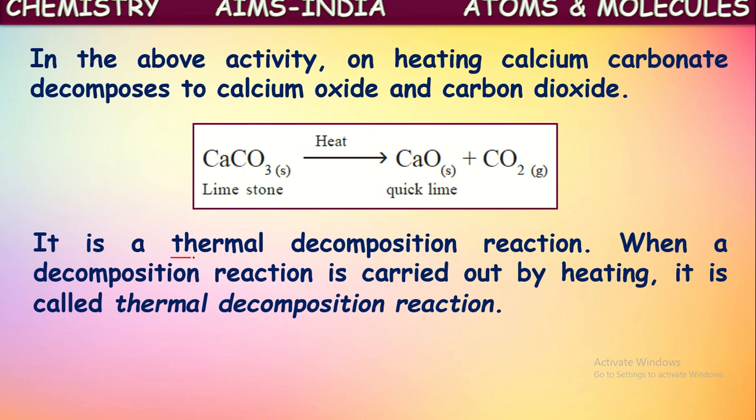The chemical reactions which occur with the help of heat energy are called thermal reactions. So here the decomposition of calcium carbonate is carried out by heat energy. So this decomposition reaction is called a thermal decomposition reaction, because heat energy is utilized in this reaction.